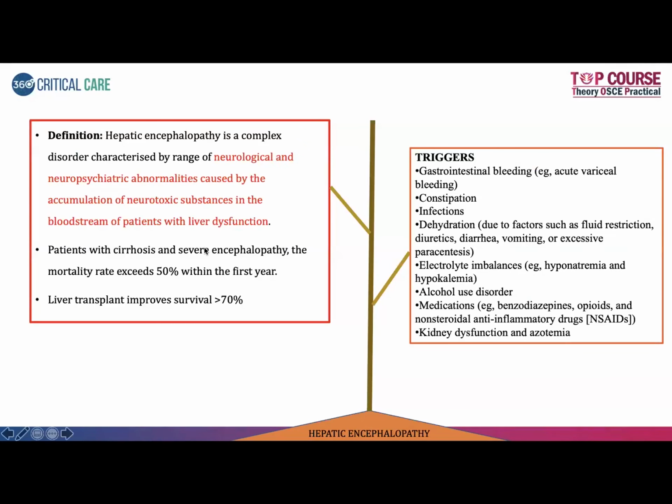There is nodular regeneration, ultimately affecting the hepatic vasculature, with increased resistance to hepatic blood flow. As the resistance to portal blood flow increases, there is portal hypertension.